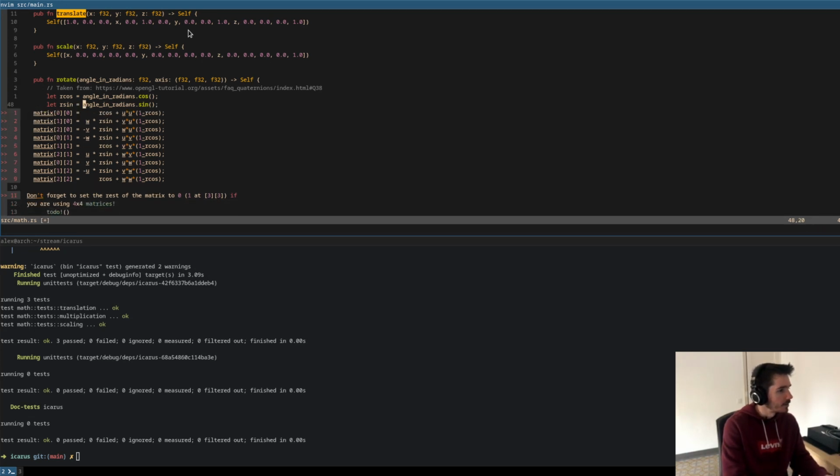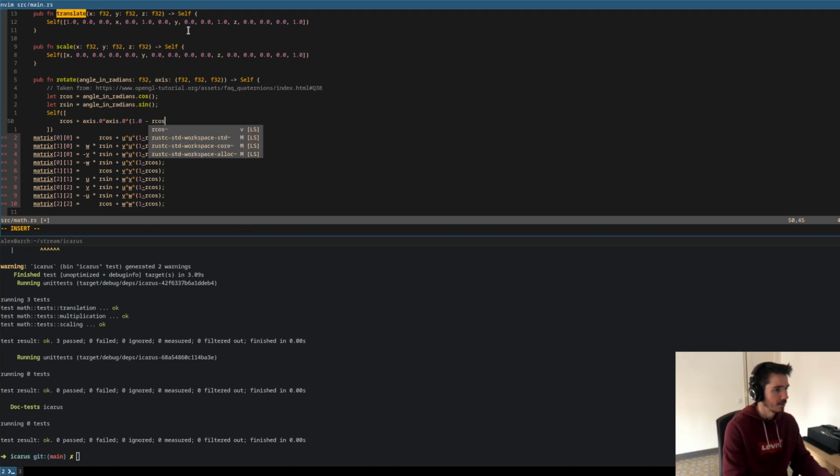And now we can proceed to create the matrix itself. First row is going to be arcos plus axis dot 0 times axis dot 0 times 1 minus arcos.